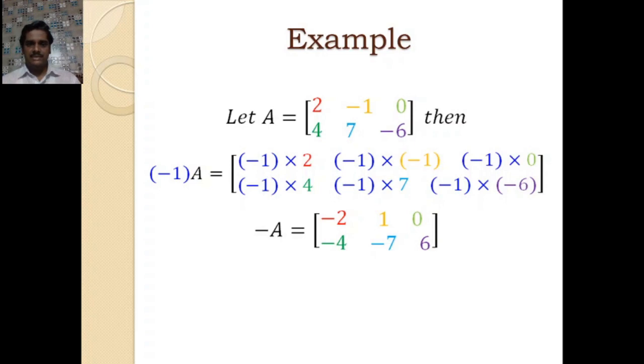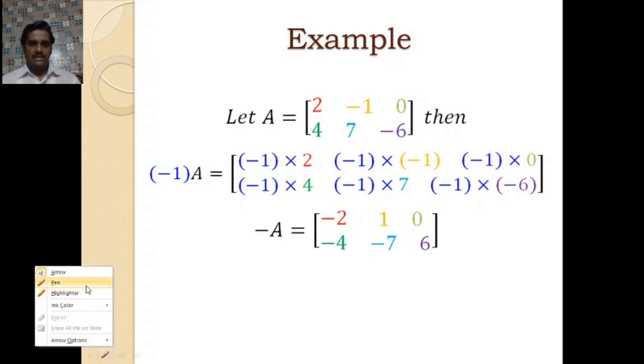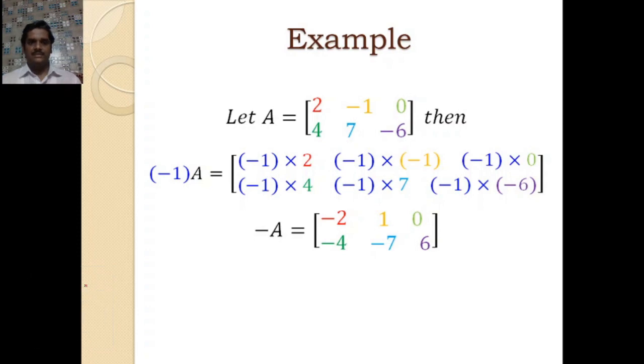A few things I'm going to note over here. The scalar multiplication which you are performing here, minus 1 into A, can be written as minus A, because in usual mathematics, whenever we have minus 1 into x, we never write it like this.